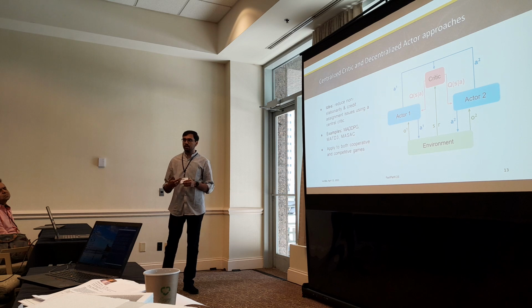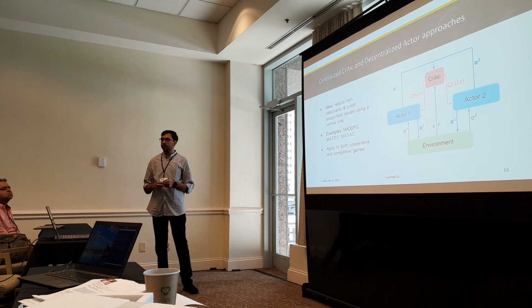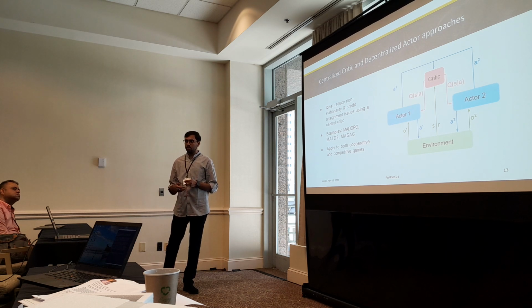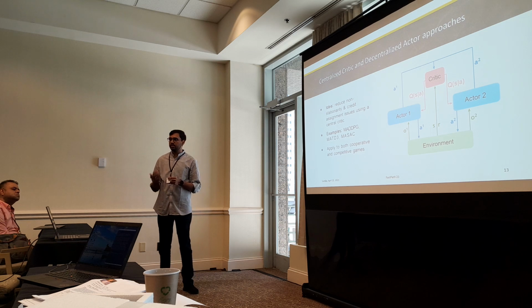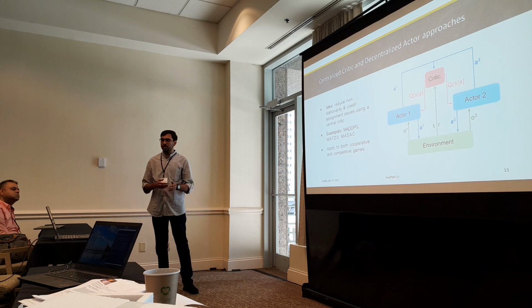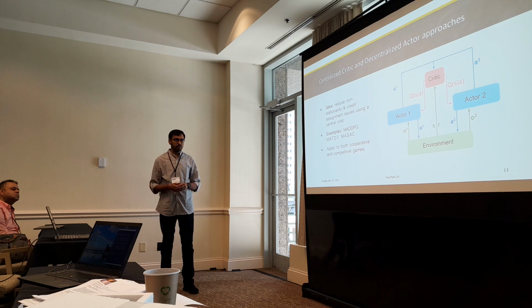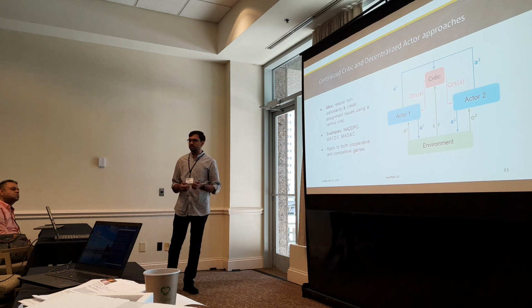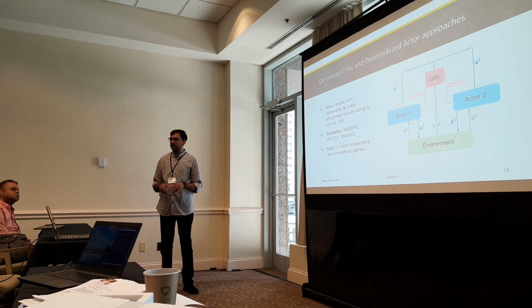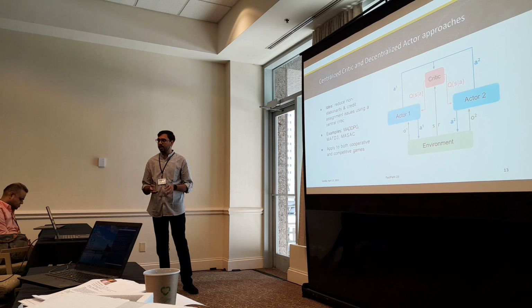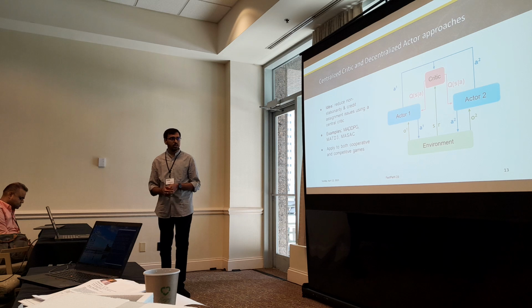When cooperation is needed, there needs to be communication between the agents, in the sense of sharing their observations and actions. Competitive means that the agents don't share their observations and actions. Instead, they work like single agent algorithms.